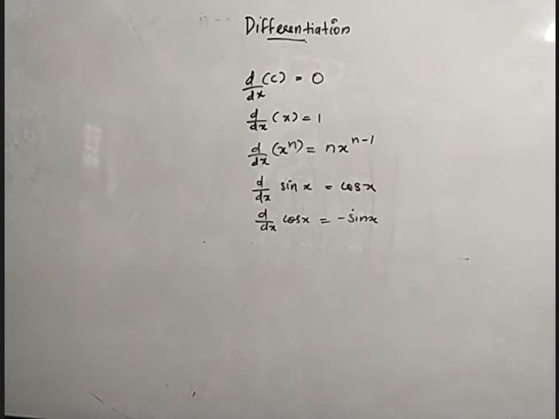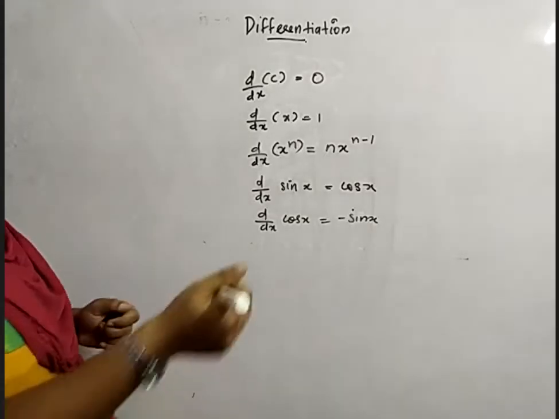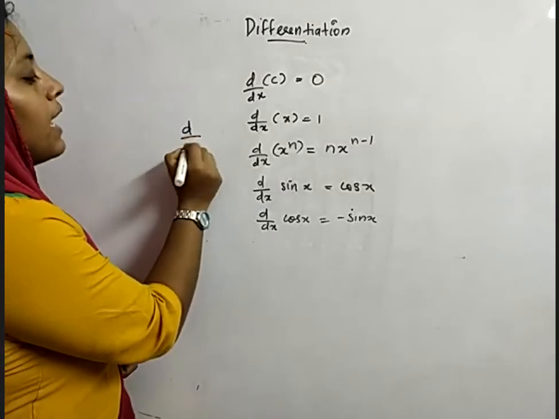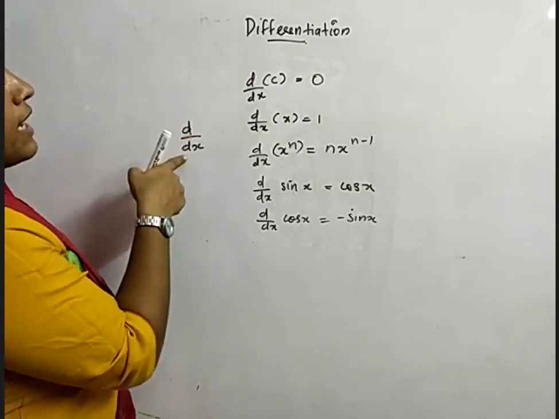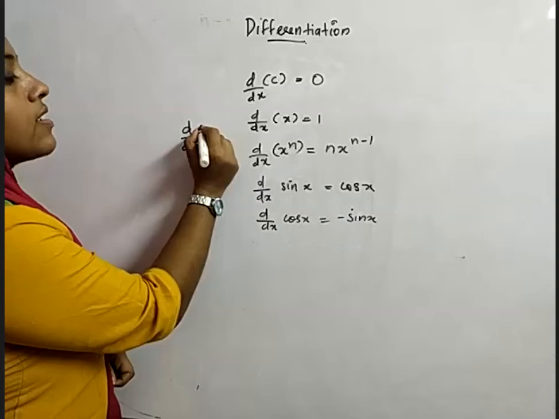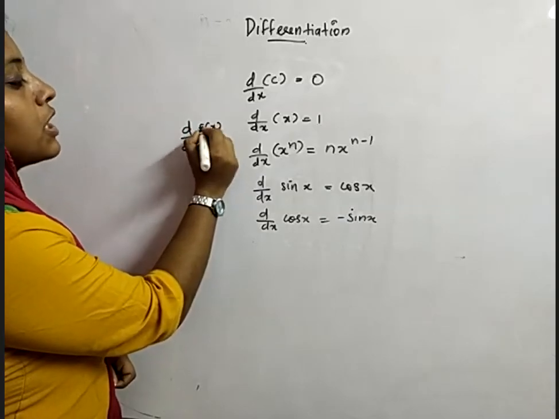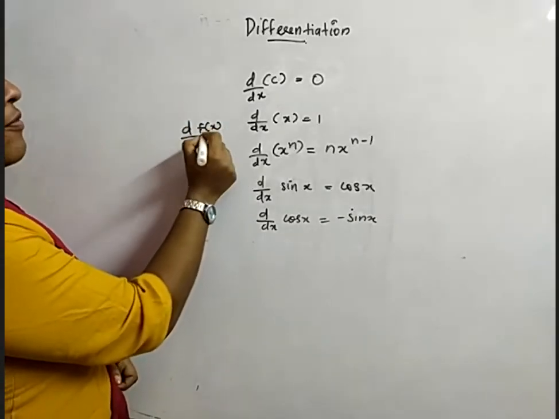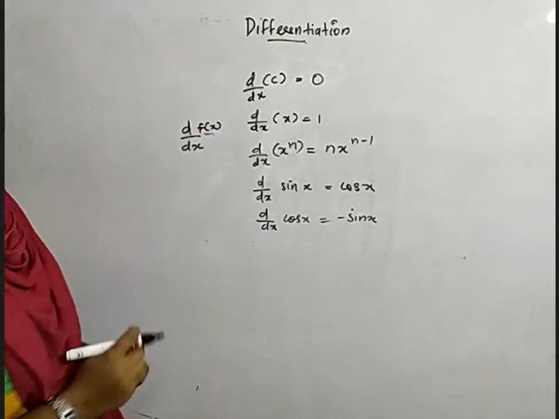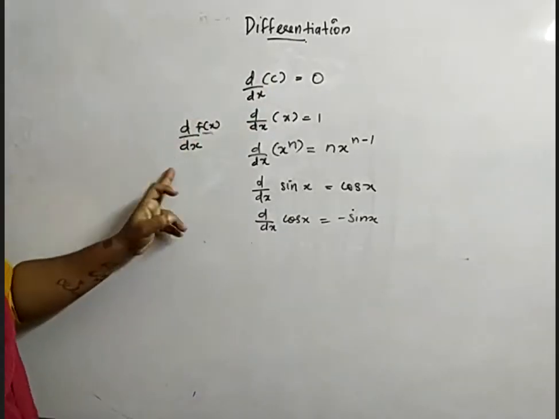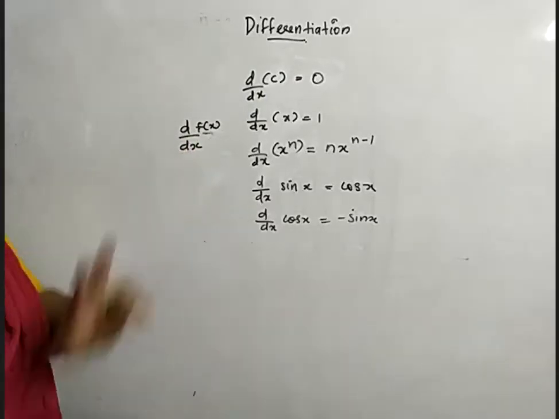In differentiation, for the new ones I am saying, we denote differentiation as d by dx. D by dx means differentiation. If I am having a function f of x, then d by dx of f of x means I am going to take the derivative of f of x with respect to x.